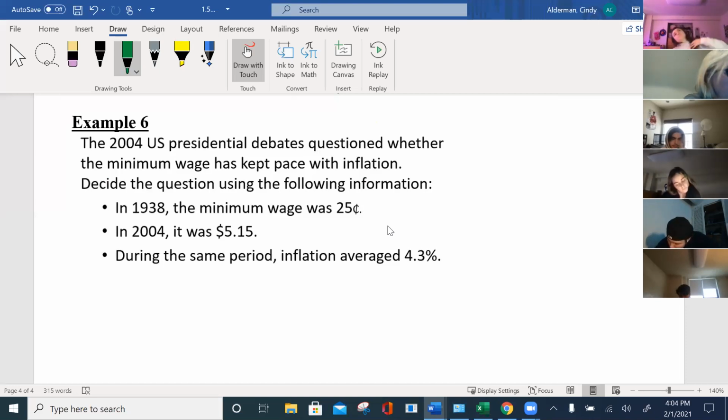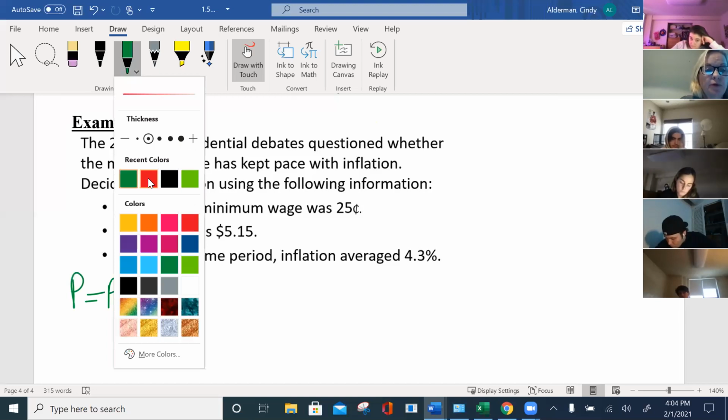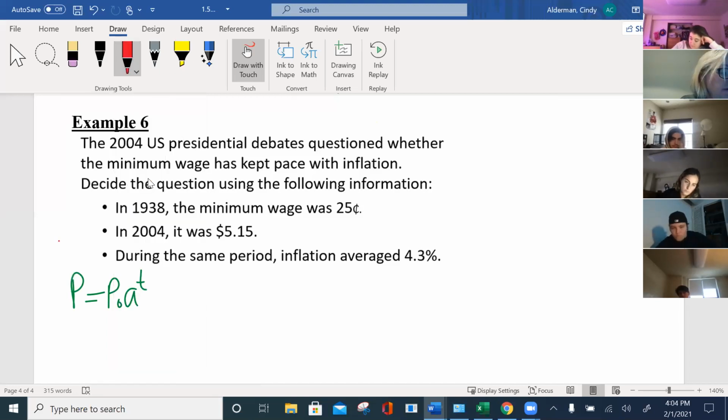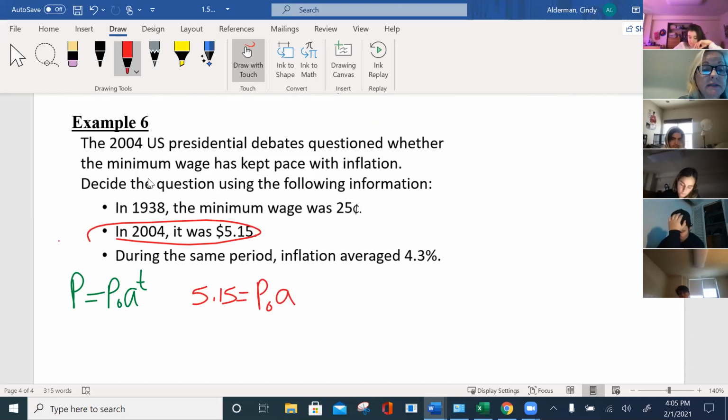Okay, so what I'm going to do is first start with the formula, P equals P sub 0 a to the t power. And I'm going to write 2 different equations, right? One equation for 1 point. So for this set of data, I can write 5.15 is equal to P sub 0 a to the, let's say 66 power.